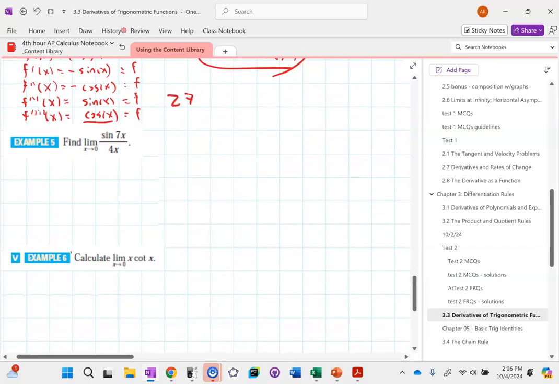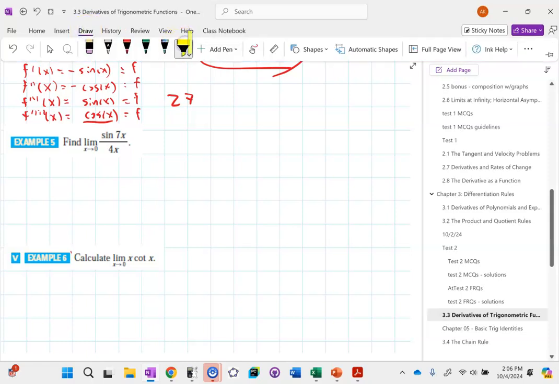Next one, it says limit as x approaches 0 of sine 7x over 4x. So we're not taking the derivative, we're doing the limit.